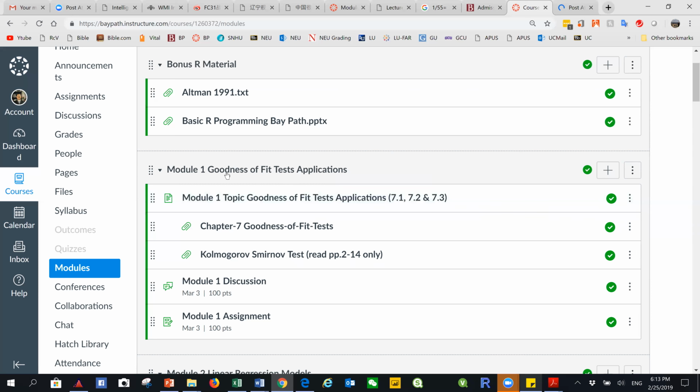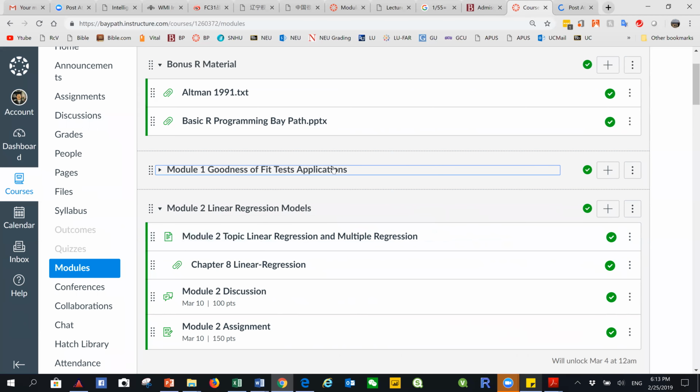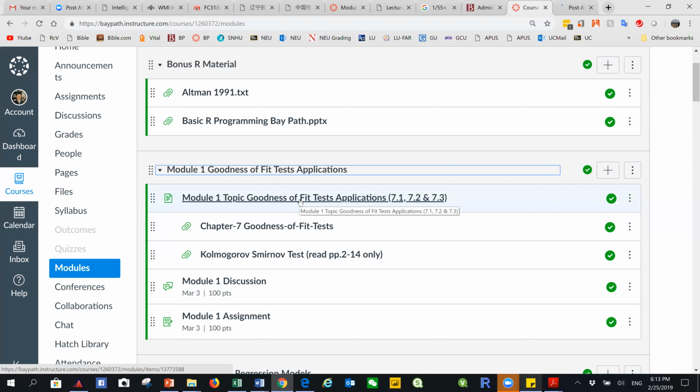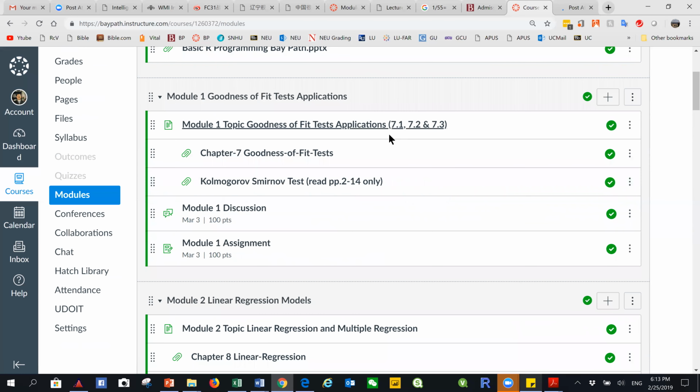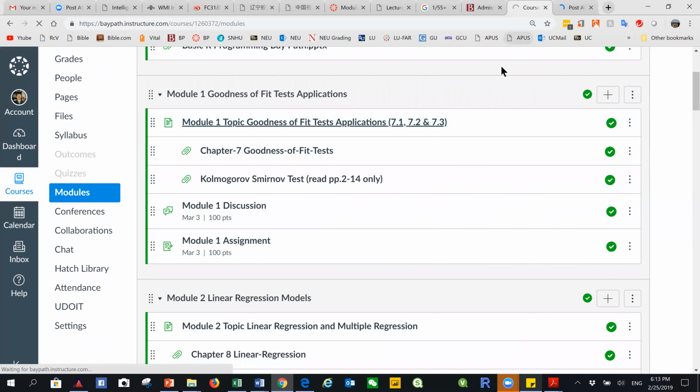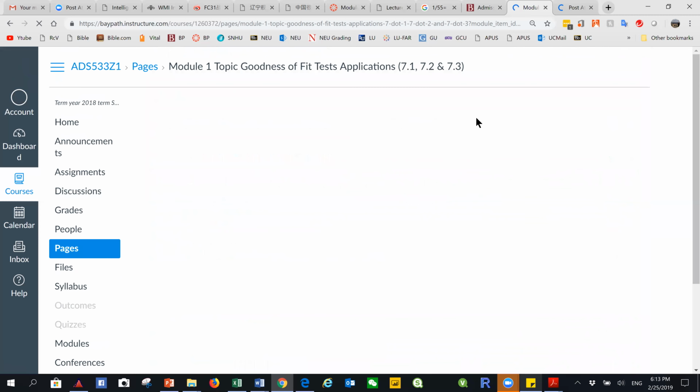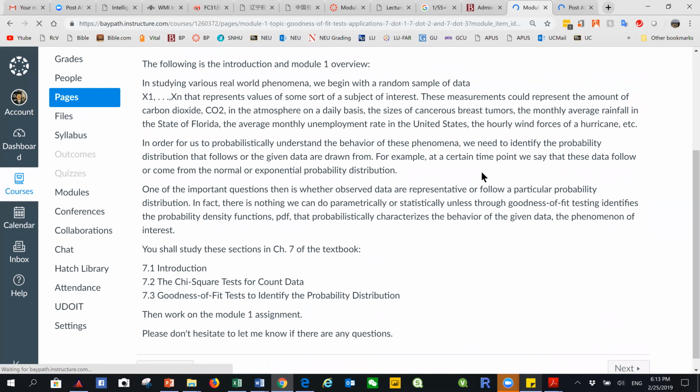So firstly, let's look at module 1, goodness of fit test applications. We will only cover 7.1, 7.2, and 7.3. Okay, only 3 sections, and I'm opening it up right now.